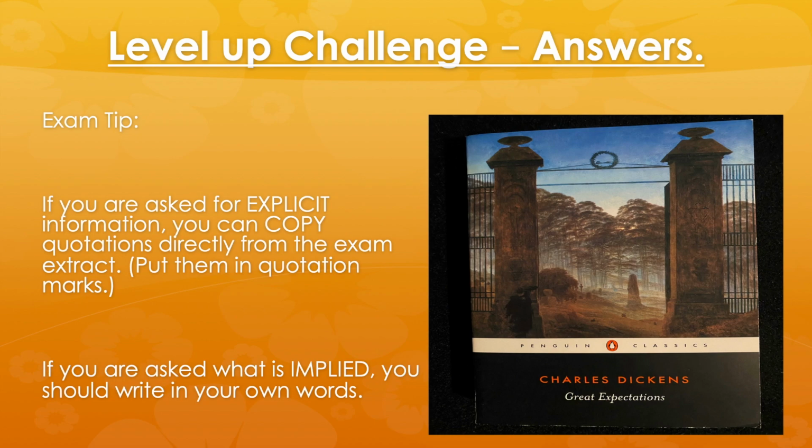That's fine. Just make sure if it's not your words, it's lifted from an extract, you put them in quotation marks to show that. If you're asked what's implied, then you should write in your own words, because you are talking about your own subjective interpretation of that statement, what it means to you, or what different things it could mean to you, hopefully in specific relation to the question.